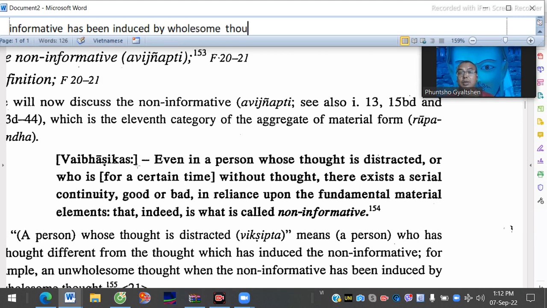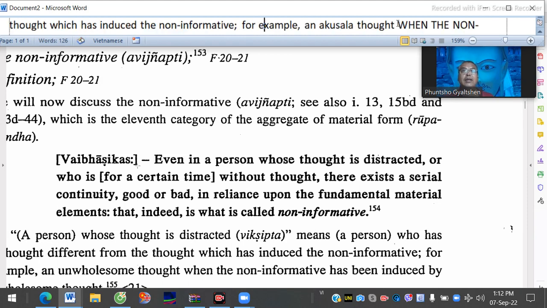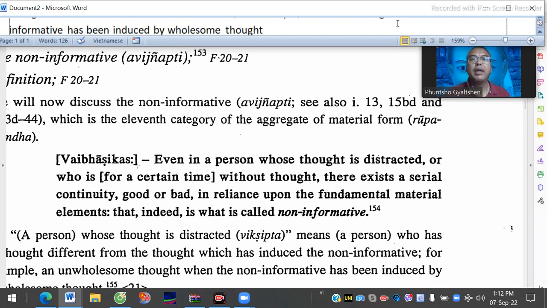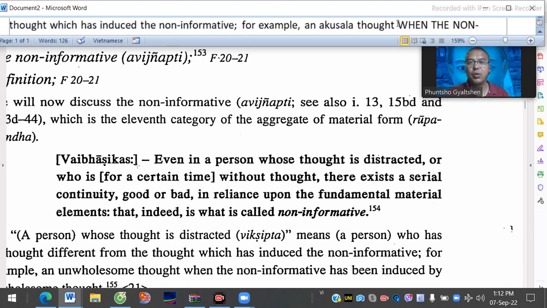So this promise you have taken, and if you don't break it, it will always be there enabling us to become more meritorious and virtuous as we proceed, as we live longer in life.